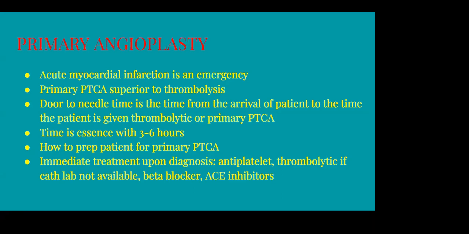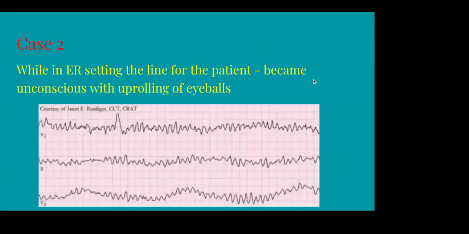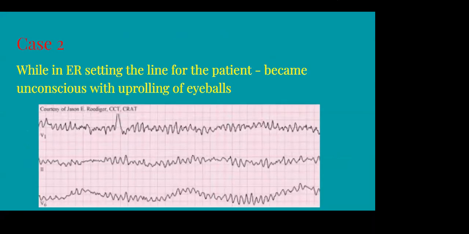We go on. While in ER, setting the line, the patient became unconscious with up-rolling of eyeballs. What is the diagnosis on this ECG? VF, very good. No, Torsades is wrong.